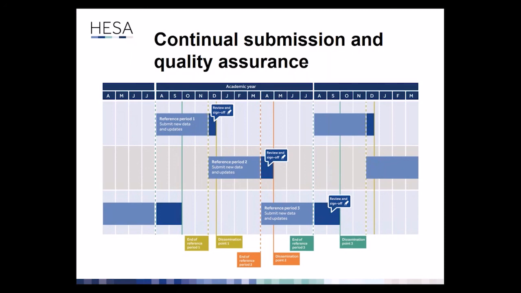Sign-off is prior to the dissemination points, as I've said, but one other point that I wanted to make is that at the moment we think of each collection year as producing a record, and we refer to them as C17051 and as a distinct bucket of data that represents that year's worth of activity, but in future there will only be one student record, and this record accumulates over time.